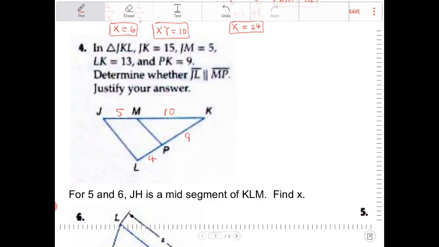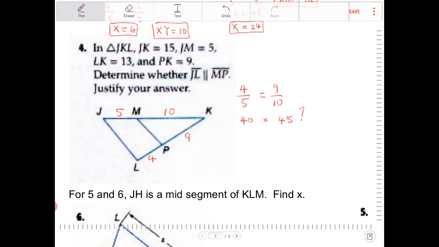Determine whether JL is parallel to MP. So if they are indeed parallel, then the following proportion must be true. I can say 4 over 5 will equal 9 over 10. Is that proportion the same? Here we can see that this is actually not the same, because if we cross multiply, is 40 equal to 45?